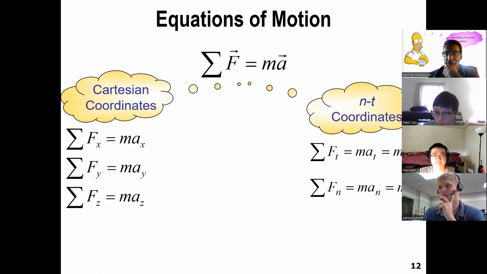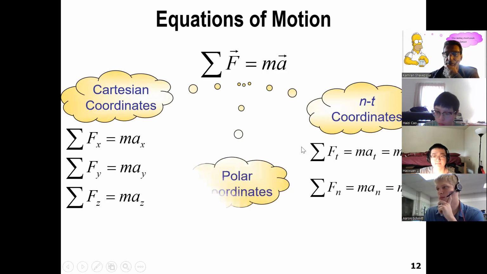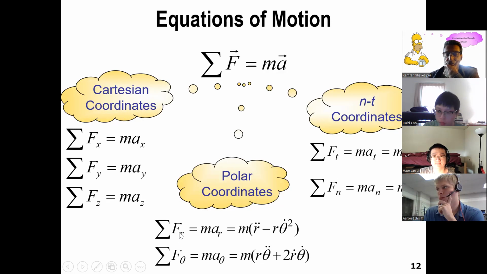You can divide it into normal and tangential component, or you can divide it into R and theta in a polar coordinate system. So if you do that, as you see here, in Cartesian system, simply acceleration is AX, AY, AZ.